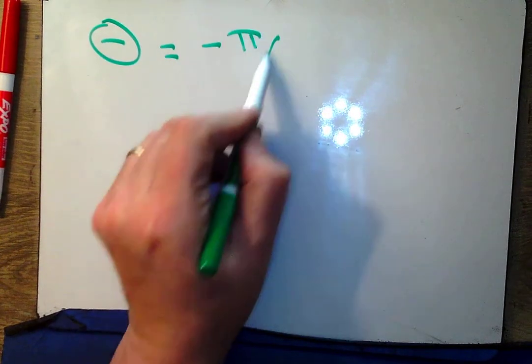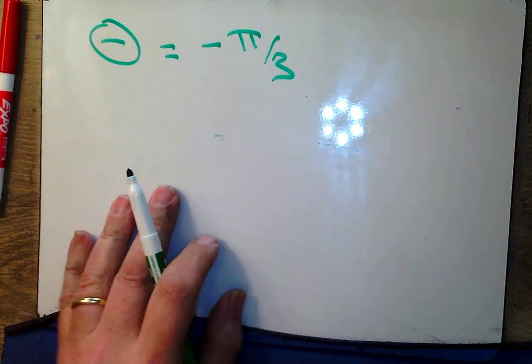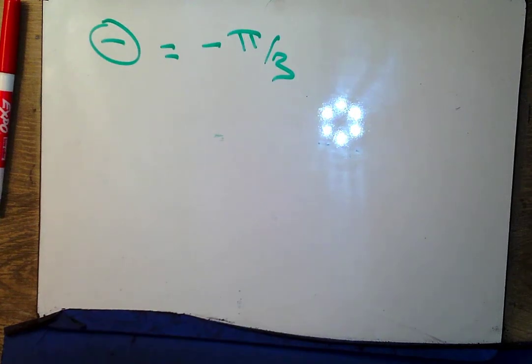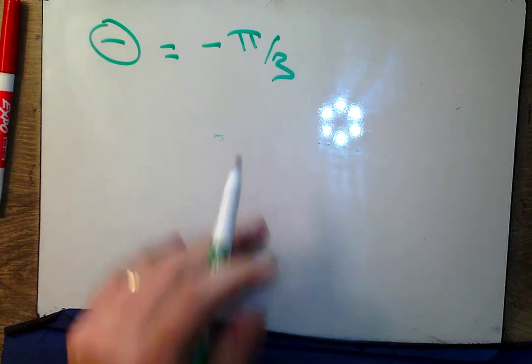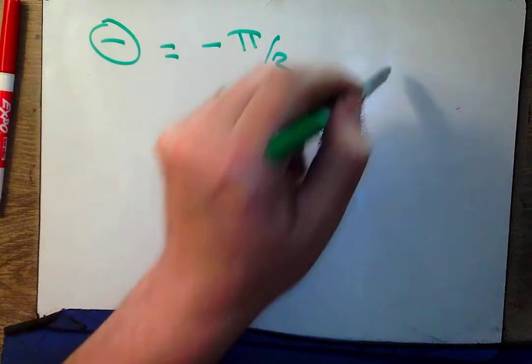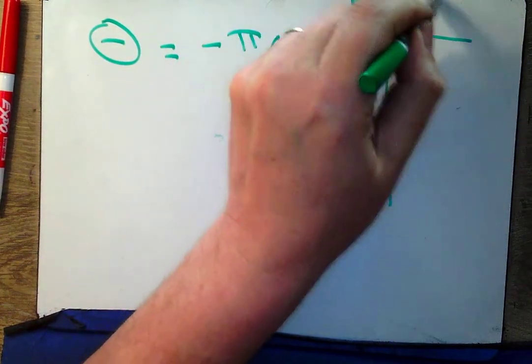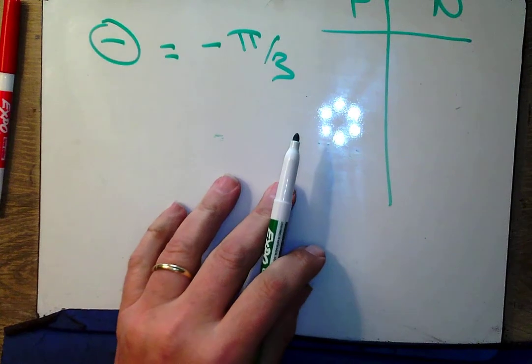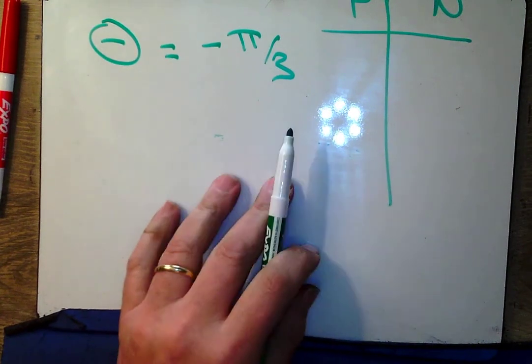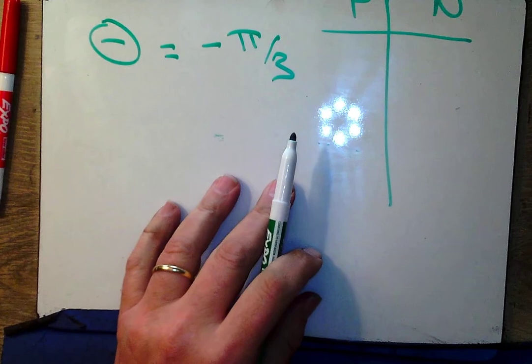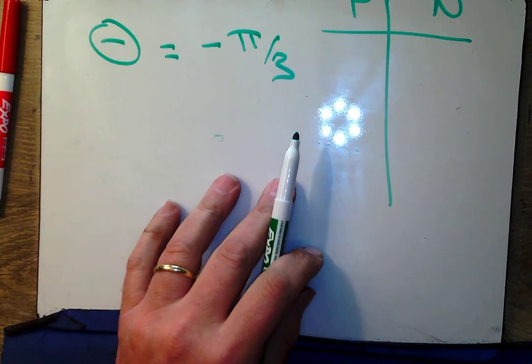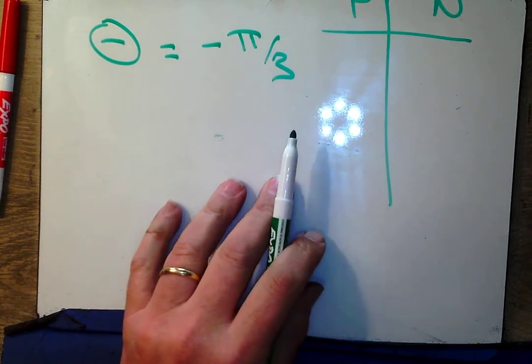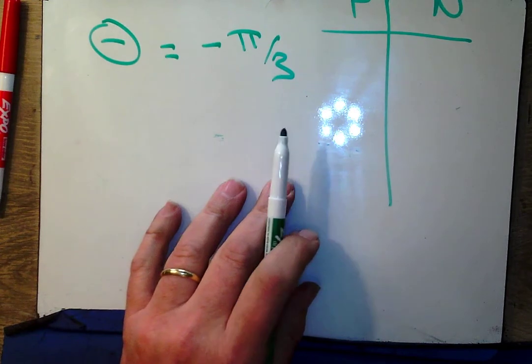What about theta equals negative pi over 3? We're looking again for a positive and for a negative. 5, 4, 3, 2, 1.